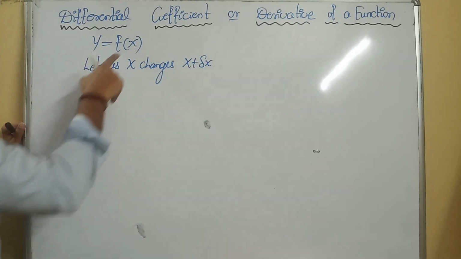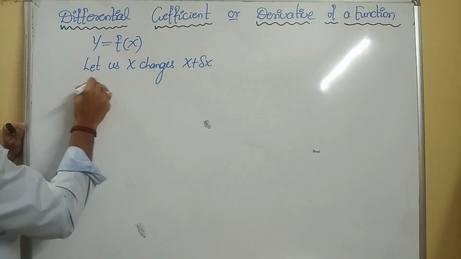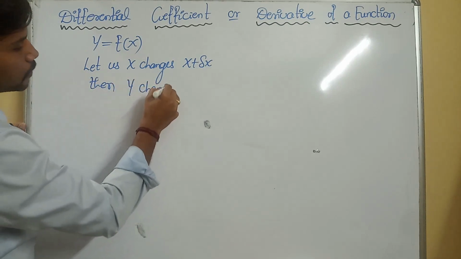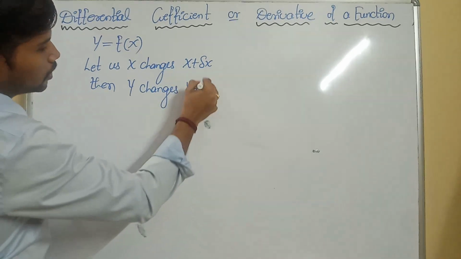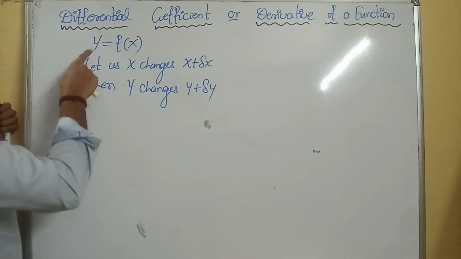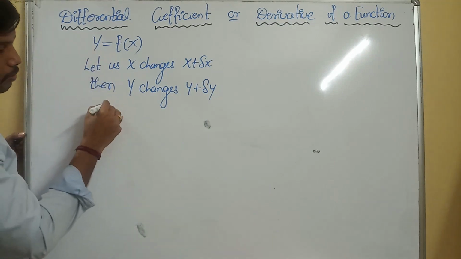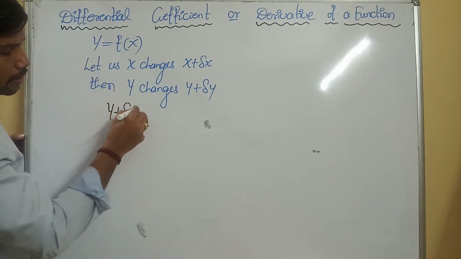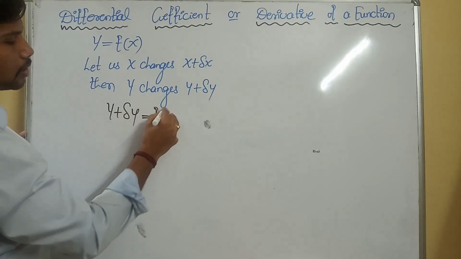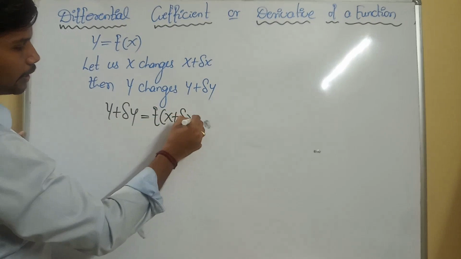If the change in the domain happens, then y changes to y plus delta y. What is the change in the function that I have written? y changes to y plus delta y, which is equal to f of x plus delta x.